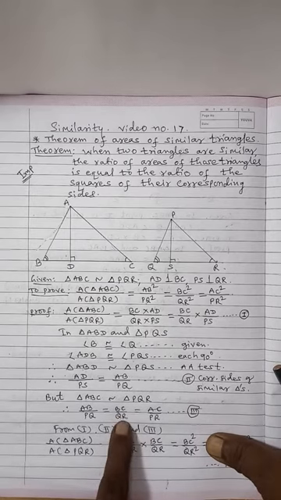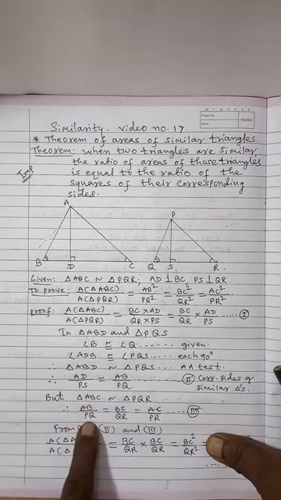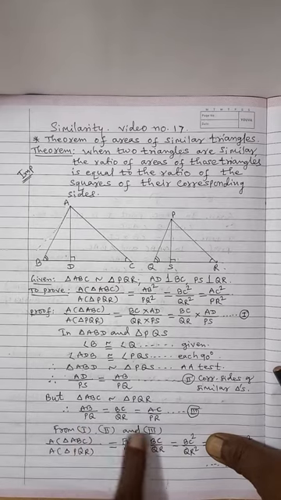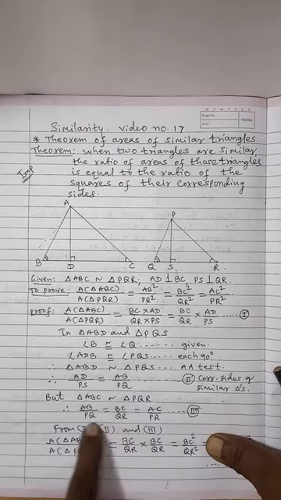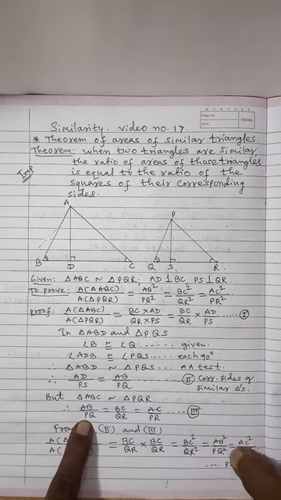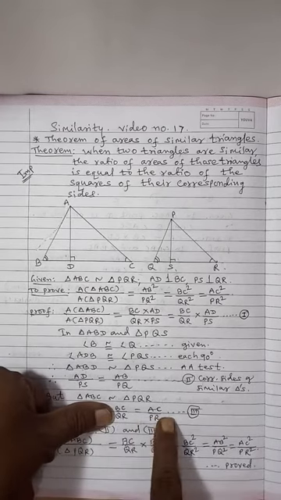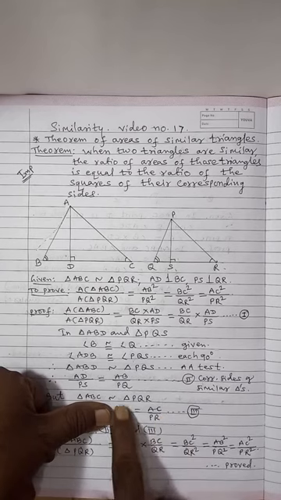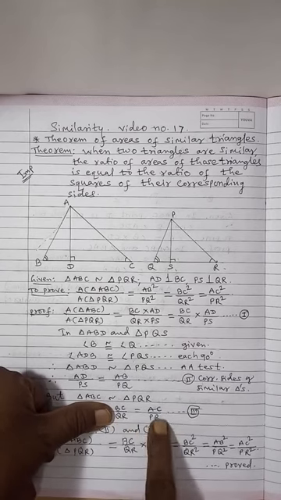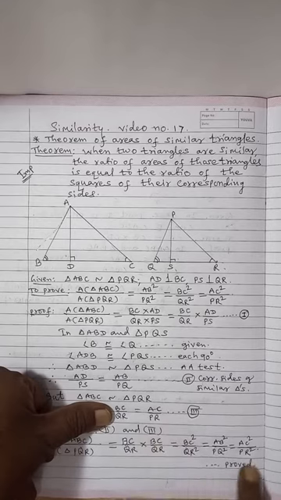Okay, now pay attention. BC upon QR is equal to AB upon PQ. It means BC square upon QR square is equal to AB square upon PQ square. Also this is equal to AC square upon PR square.